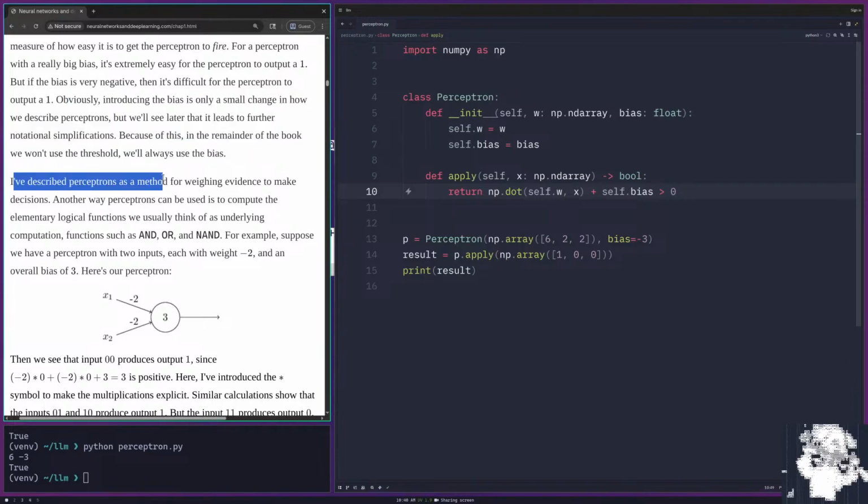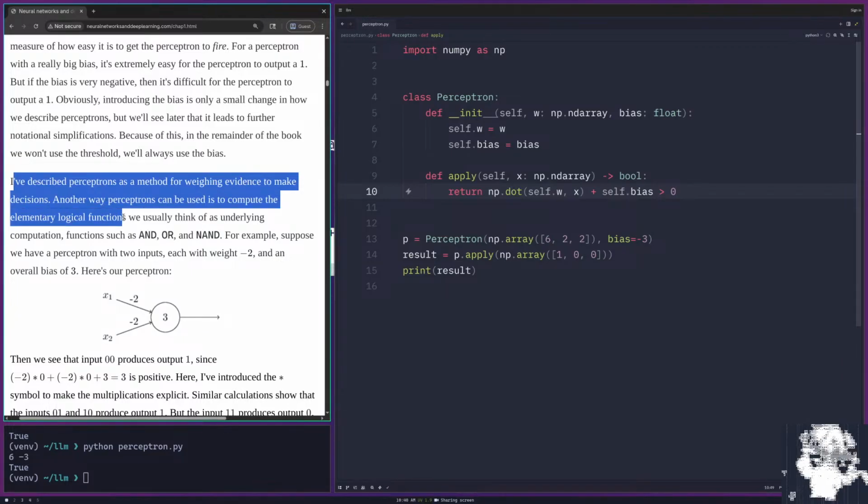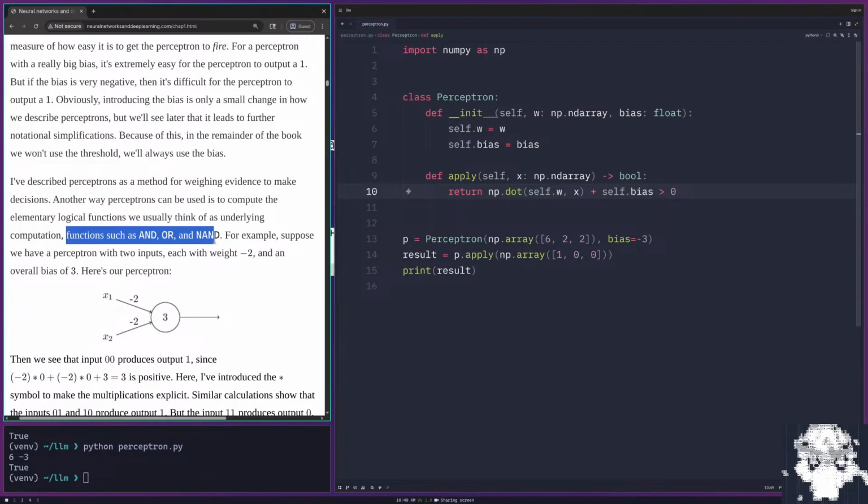I've described perceptrons as a method for weighing evidence to make decisions. Another way perceptrons can be used is to compute the elementary logical functions we usually think of as underlying computation, functions such as AND, OR, and NAND. For example, suppose we have a perceptron with two inputs, each with a weight of -2, and an overall bias of 3. Here's our perceptron.